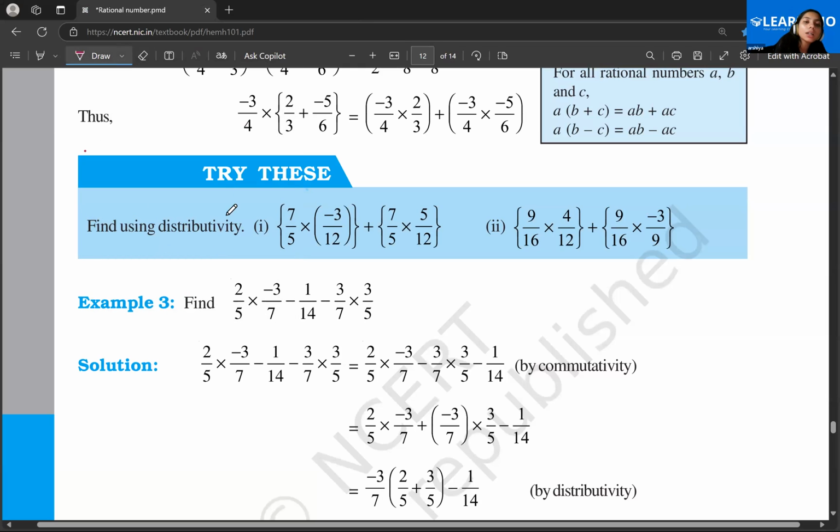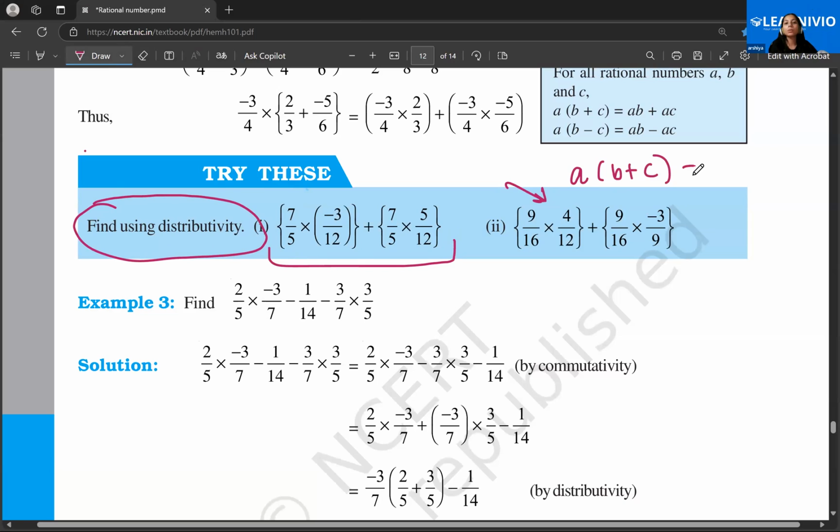Okay. Now they are saying find using distributivity. Now this is the question. I'll give you one hint. Let's solve this one together. There was one property that we did where it was something like a(b plus c). And what was this equal to? ab plus ac, right?